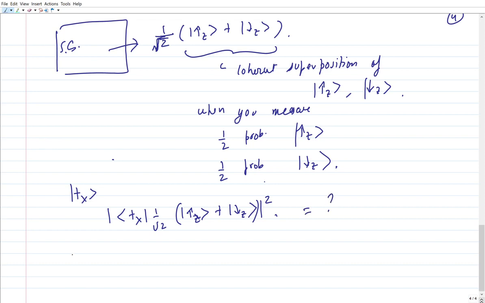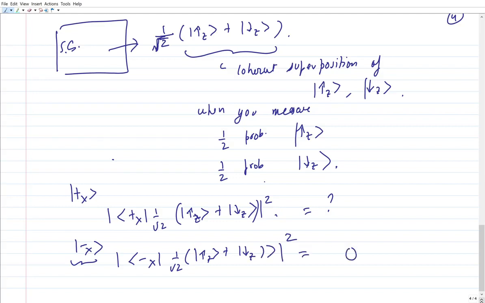What does it come out to be? And with, of course, the probability of getting the negative eigenstate of x being nothing but the same inner product. This guy comes out to be 0 and this guy comes out to be 1. In fact, you can very well say this is nothing but the plus x eigenstate only.